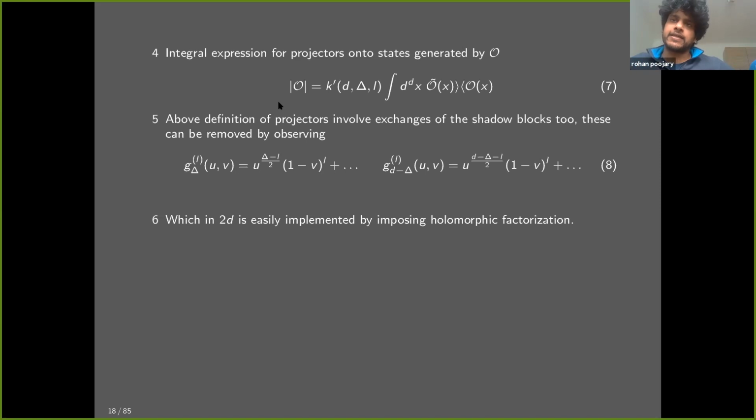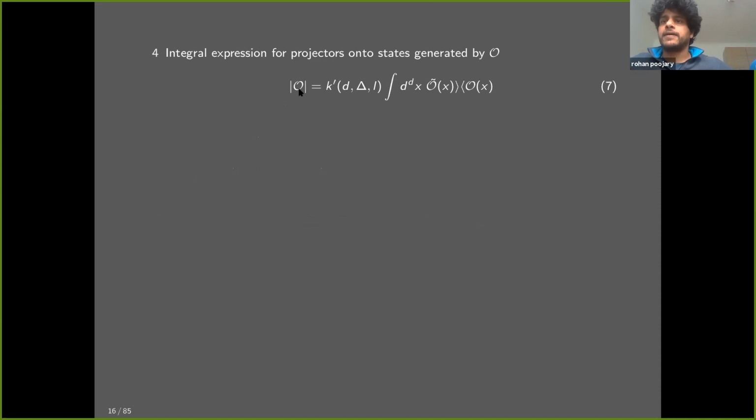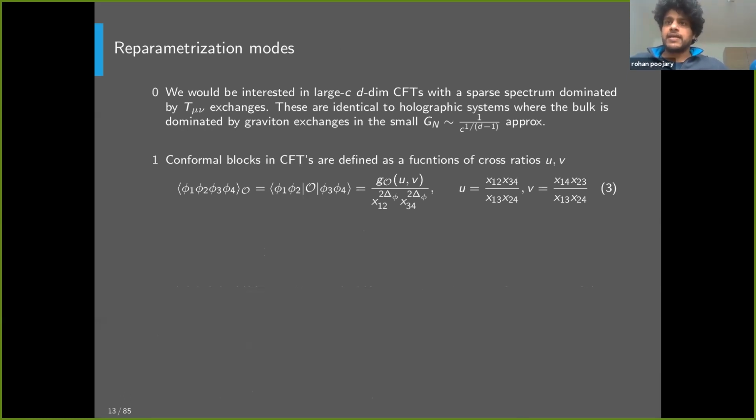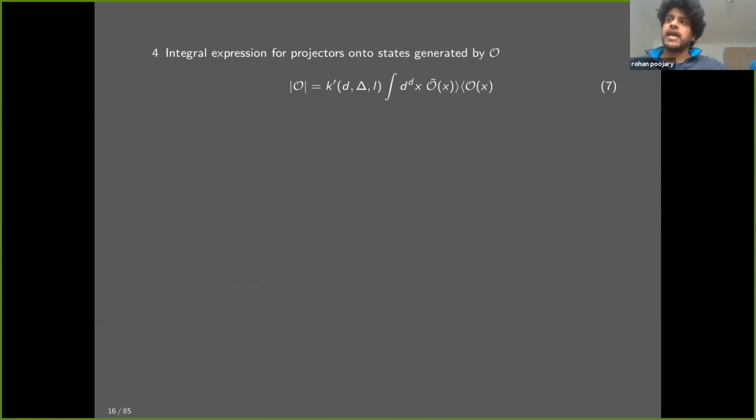You can check that if you square this projector, you get it back. And so how would you write this projector generically? You would have written it as O acting on the vacuum, and the raising operators acting, so it's all the states, and you restrict to that. This definition 7 is the analogous definition in integral language.